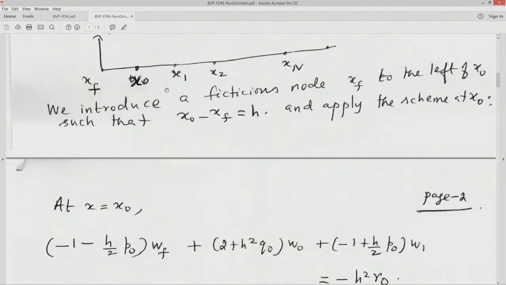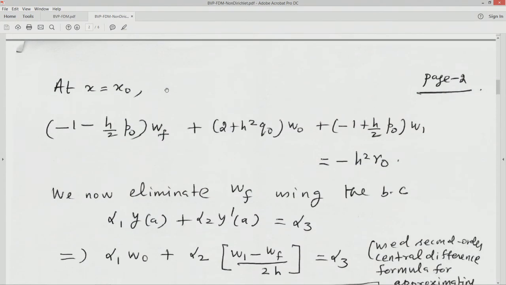And I apply it at x is equal to x 0. What happens to the finite difference equation? We see that the finite difference equation turns out to be this, when I take i is equal to 0 in the equation that I had shown.